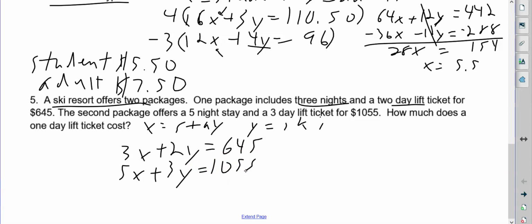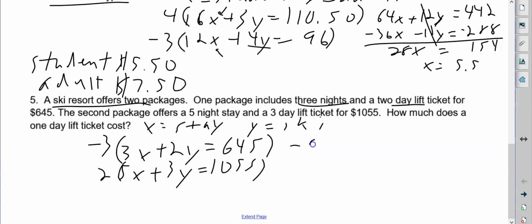So again, I want to either cancel the X with 15 or the Y's with 6. I'm going to go with the Y's, keep the number smaller. So 3 and 2. I'm going to do the negative here.